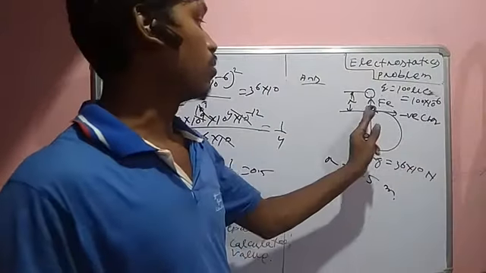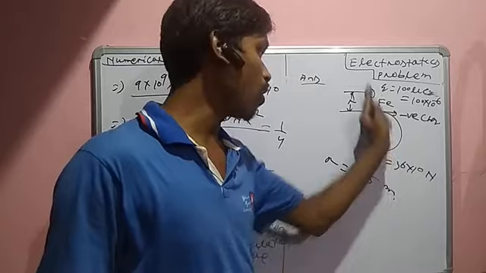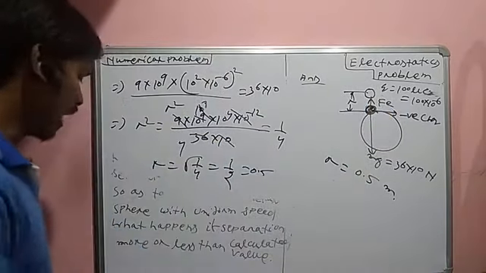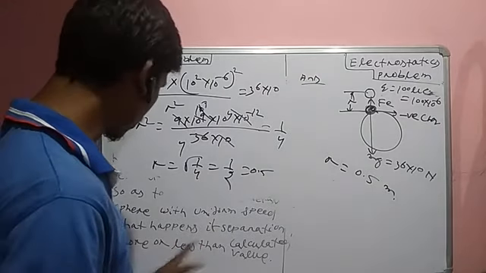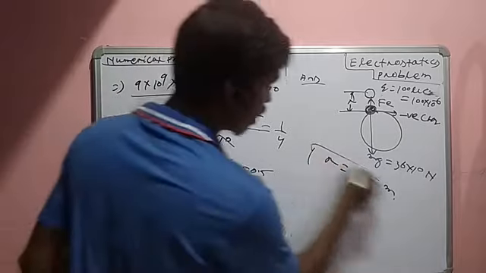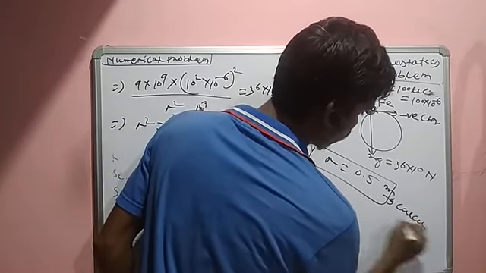Then the body tries to lift up in the upward direction at uniform speed. This is the question. Another question: what happens if the separation is more or less than the calculated value? This is the calculated value.